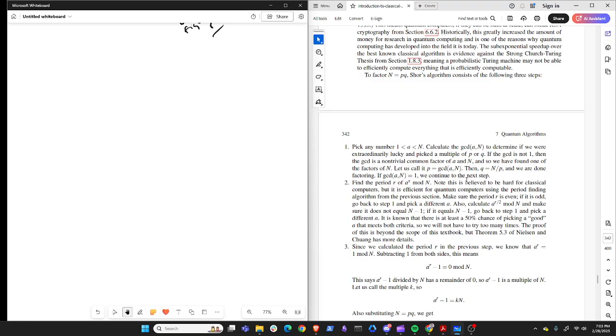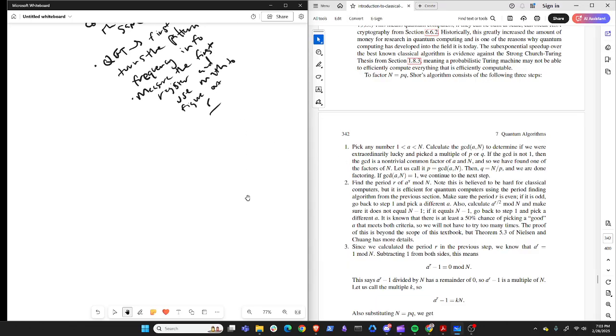So basically, you find the period R for a^x mod N, which in our case was 5^x modulus 15 or 14. So we find the period R. We start off with x equal to 0.